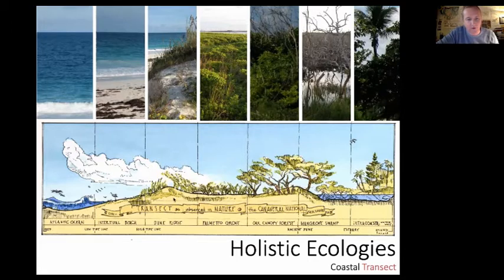The plants growing on the dune ridge can't live further down in the intertidal beach because they'll just get destroyed by the wave action. And similarly, the kinds of species that can thrive in the mangrove swamp can't live at the intertidal beach because of the differences in water and species that are around there.